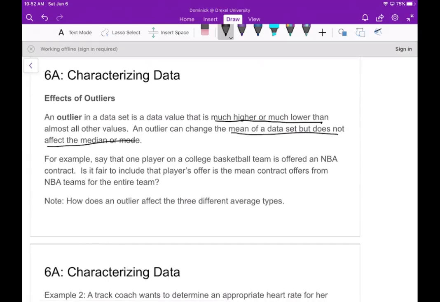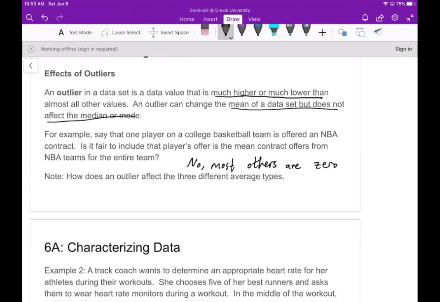Is it fair to conclude that the player's offer is the mean contract offer from the NBA teams for the entire team? Of course, this is no, because most of the others would be 0, right? So that NBA contract would be an outlier, right?